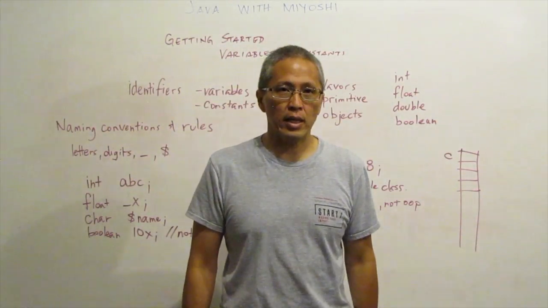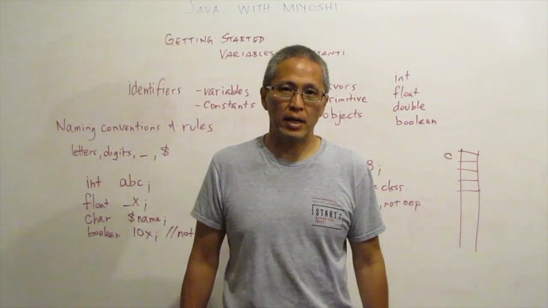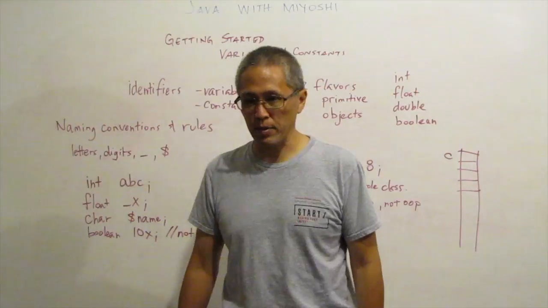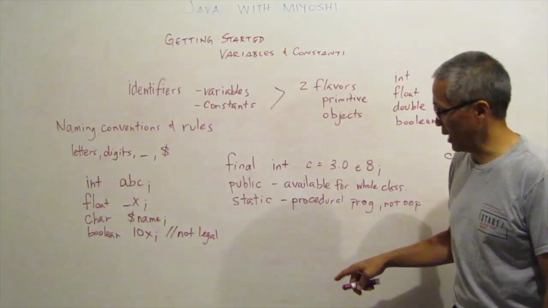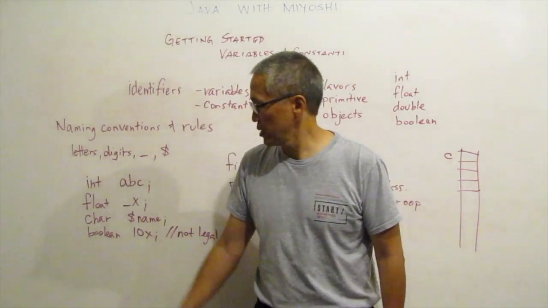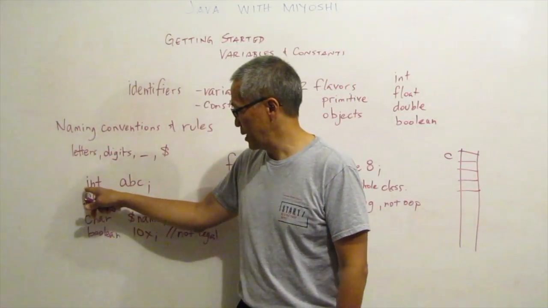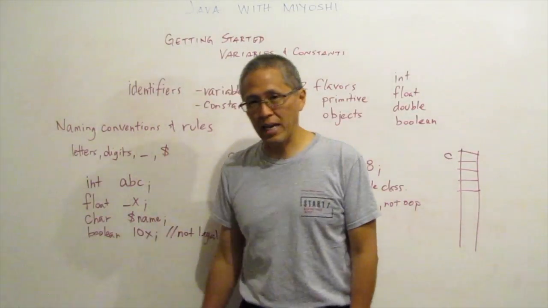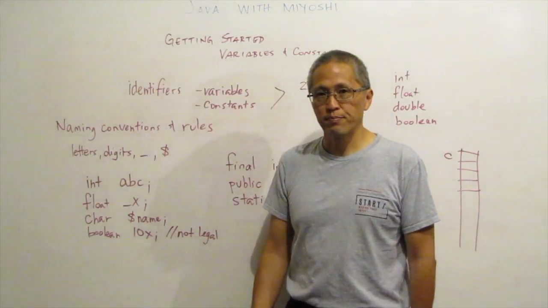When you create a variable, you actually do what's called declaring the variable. So when I do something like int ABC, that's my variable, I tell the computer, hey, save enough memory for an integer, and I'm going to call it ABC.